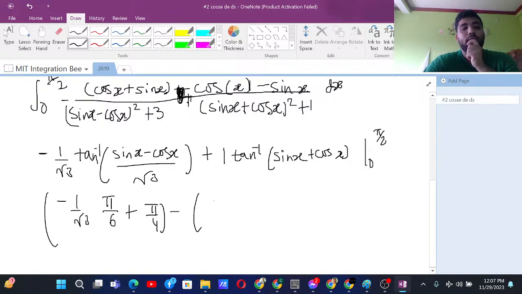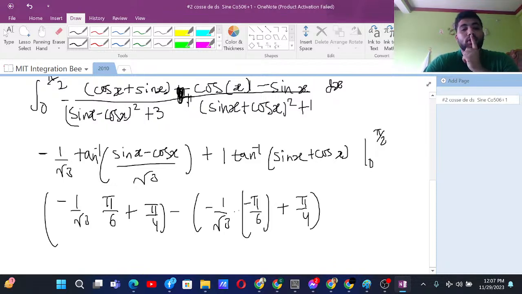That's minus pi by 6, so minus 1 by root 3 times minus pi by 6, and then plus again pi by 4.